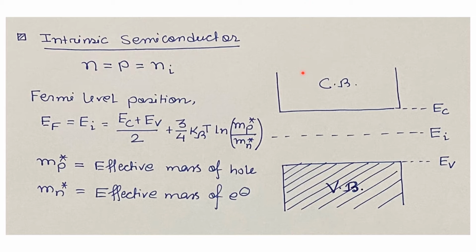From the diagram we can see the intrinsic Fermi level will lie in between the Ec and Ev energy levels.